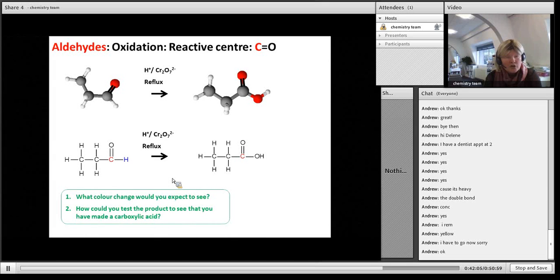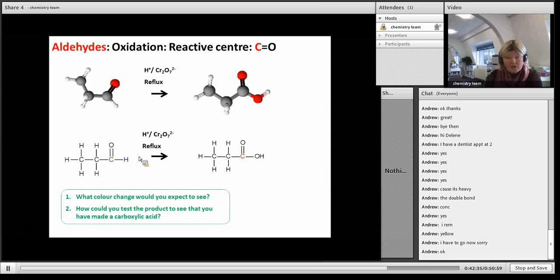If I'm using dichromate, dichromate is orange, and when it's all been reduced, then it forms a green chromium ion. This is colorless, the aldehyde. The carboxylic acid is colorless, so there's no change there. So it's just my orange dichromate, acidified. It has to be acidified to make this color change to go to a green Cr3+ ion.